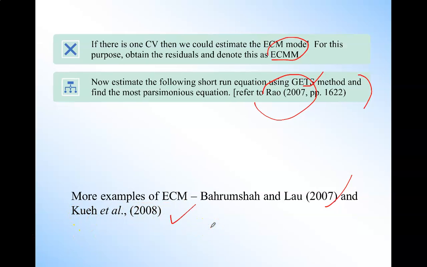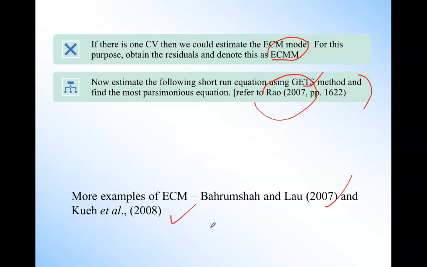It's a very good article to refer to. All of these are available in the references, and certainly I uploaded them in Ellipse for you to get to know this. So for now, we shall stop here because the second part will continue on the estimation.